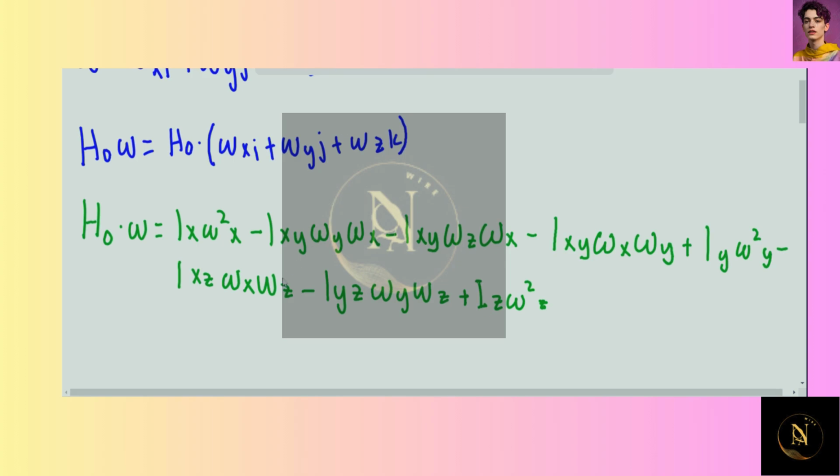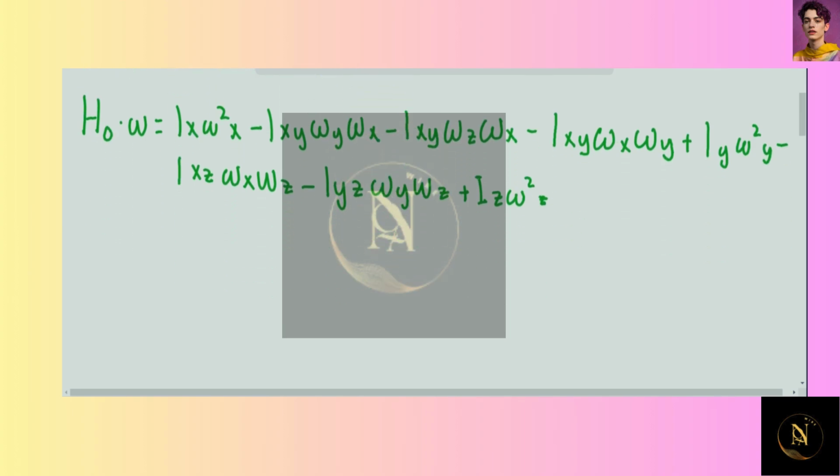Okay, so this is the total dot product of h of O dot the angular velocity. So we're going to simplify this into just a few terms.